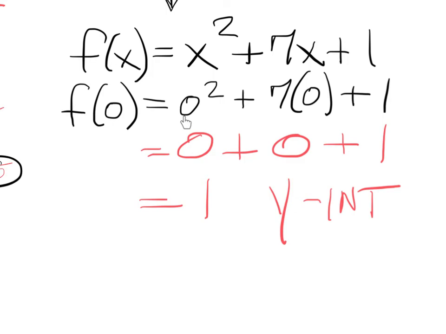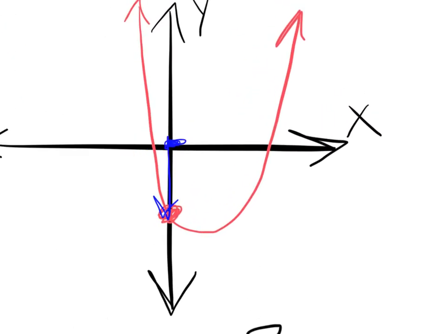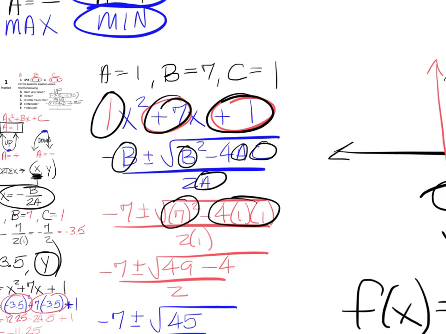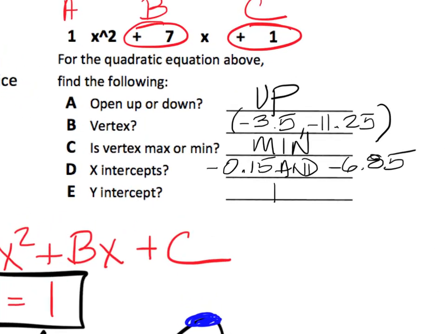We put 0 everywhere there is an x in that function. 0 squared is 0. 7 times 0 is 0. 0 plus 0 is 0. Plus 1 is 1. That is the y-intercept. That is the point at which, for example, this is a different graph than what we just did, where it crosses the y-axis. So we put that in over here as 1 in our answer.